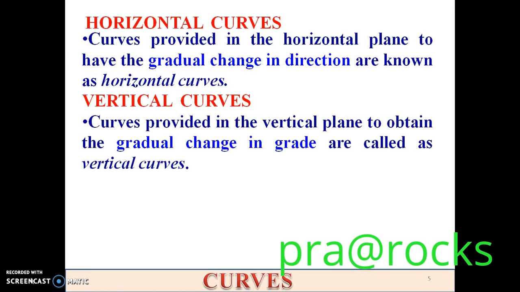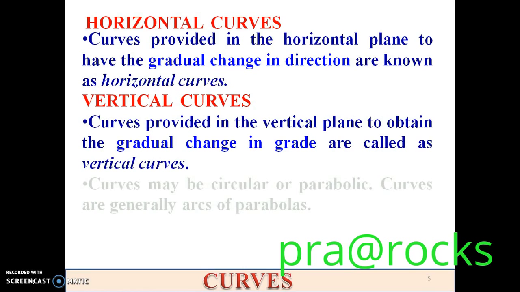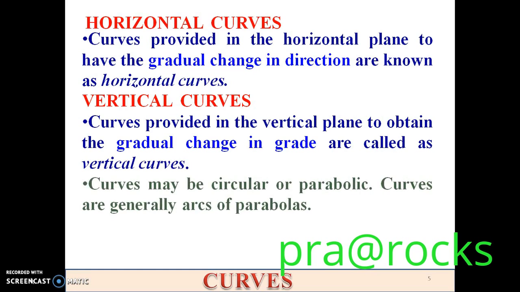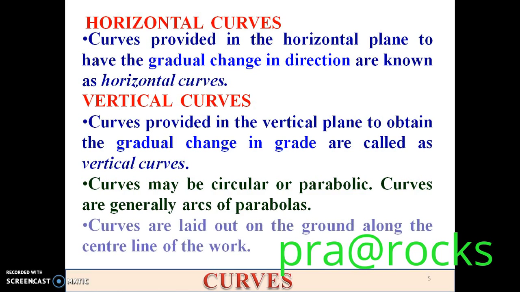These curves may be circular or parabolic, and curves are generally arcs of parabolas. That's the general case. And the curves are laid out on the ground along the center line of the work.